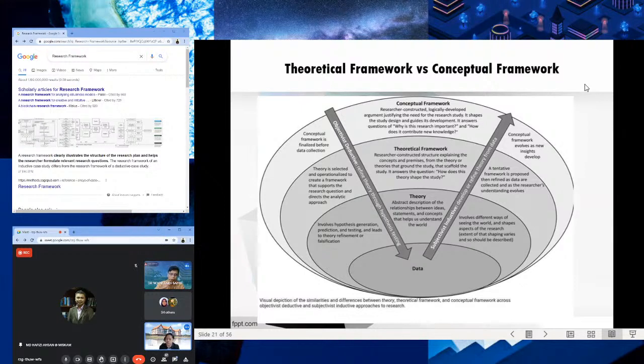In some research we can do both, because as Dr. Madya Hafizi said, you apply the mixed method, isn't it? So it can come both ways, either deductive or inductive. That is my personal view on that.